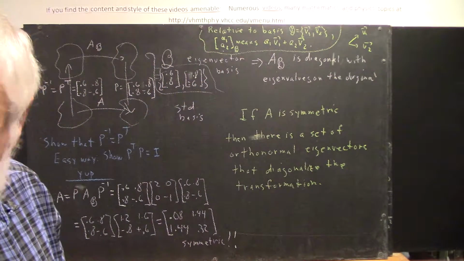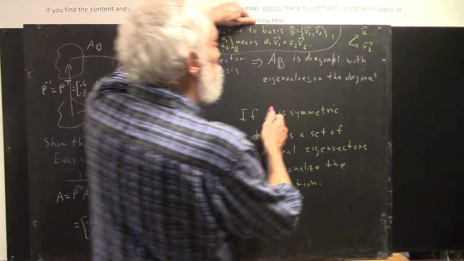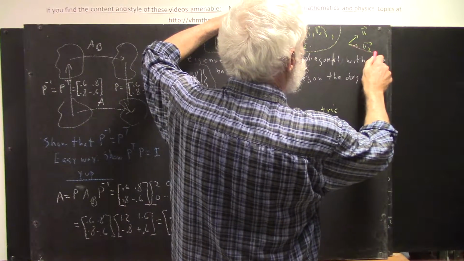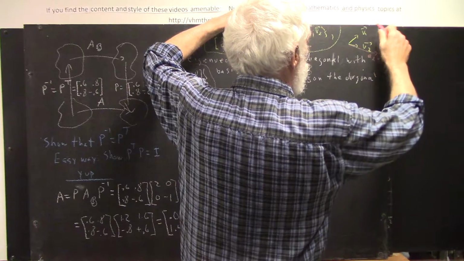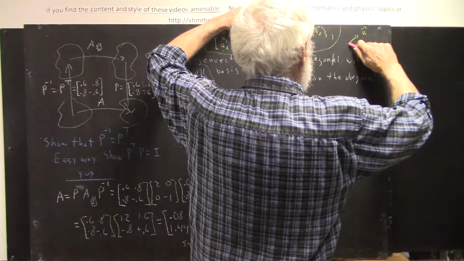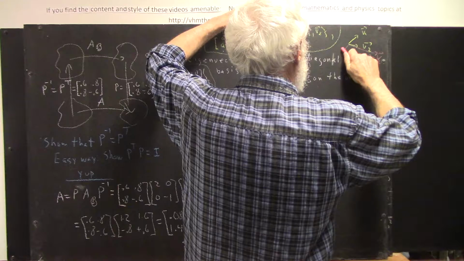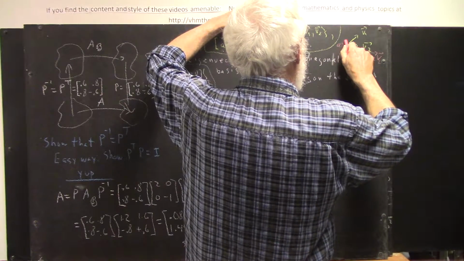and you can have vectors A2 V2 plus A1 V1.